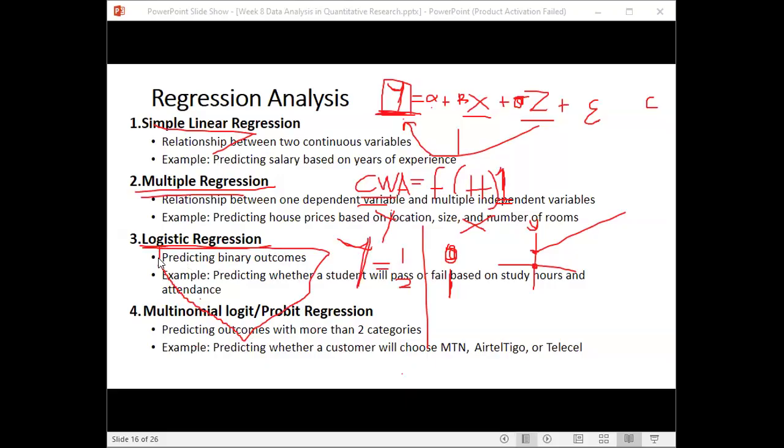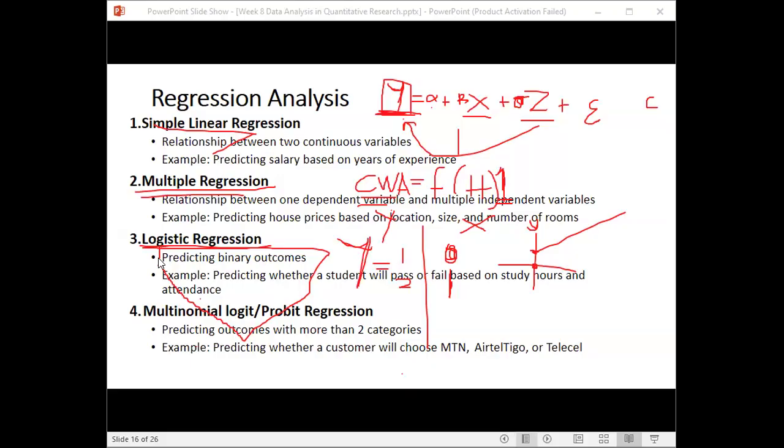If that is the way your dependent variable is, or your topic, okay? So investing, not investing. What is the effect of so and so on investment decisions? The investment decision is what? I invest, I don't invest. And what are the things that are predicting if somebody is going to invest or not? You need to look at it from a logistic regression point of view. Working, not working.